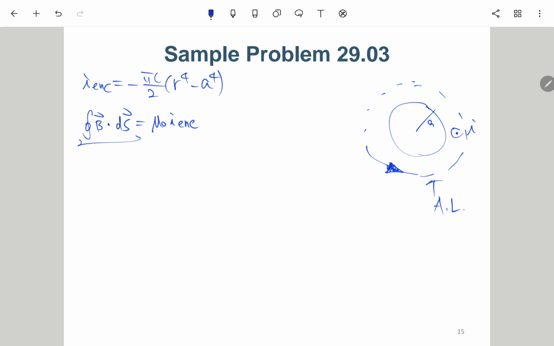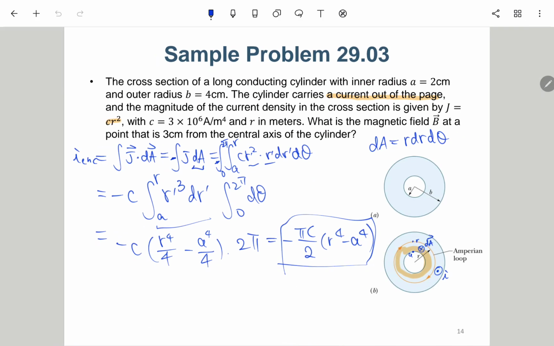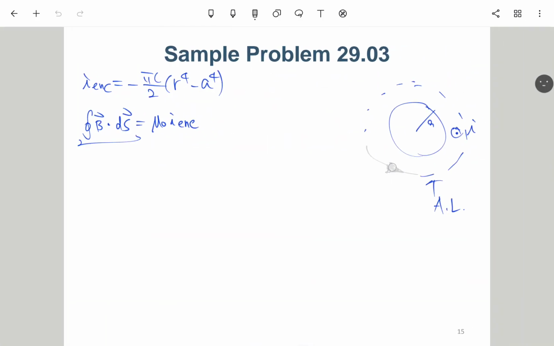Similarly, we have the B field. Here we have the loop like this. Sorry, this loop is clockwise.